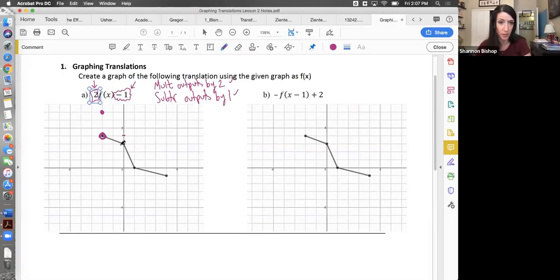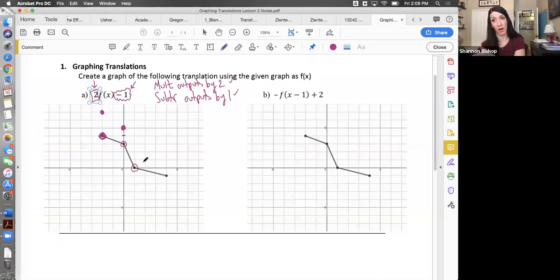What about this one? This one is at 3. Presently, it's at 3. So multiply by 2 and then subtract 1. So 3 times 2 is 6, minus 1 would be 5. So the new location for that ordered pair would be at 5. What about this one? This one is at an output value of 0, right? So be careful.